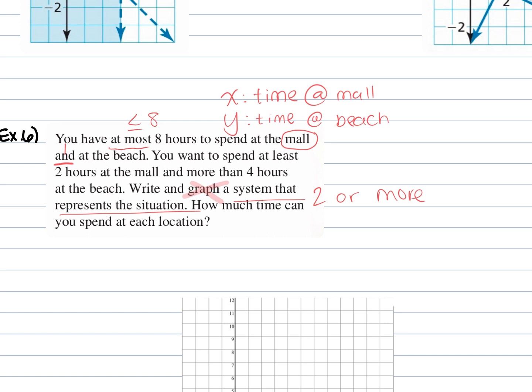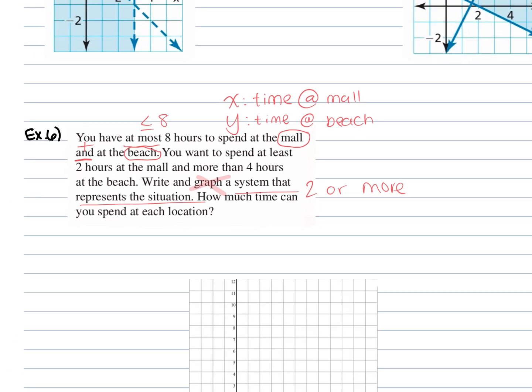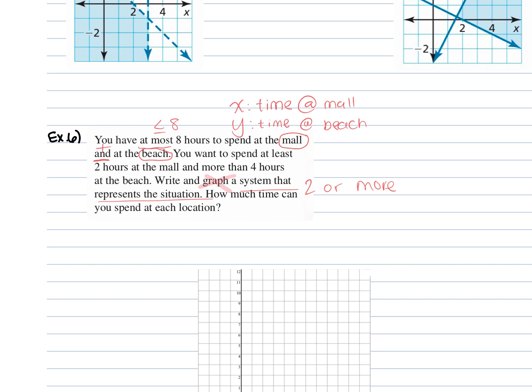A plus sign. Okay? So we're going to add the time spent at the mall and the time spent at the beach. So what's the inequality for the first sentence? Addison? X plus Y is less than or equal to 8. Very good. That is the first sentence as an inequality.